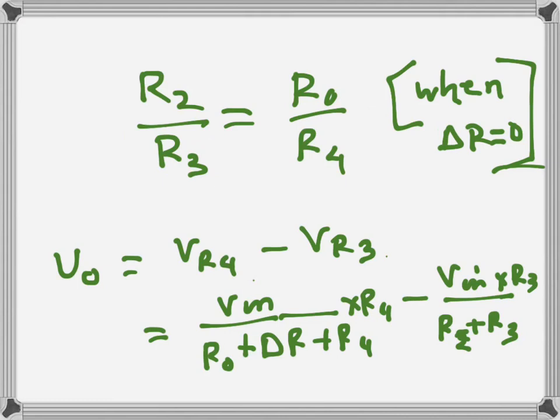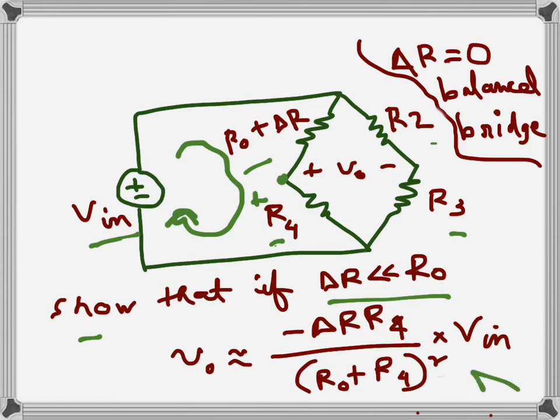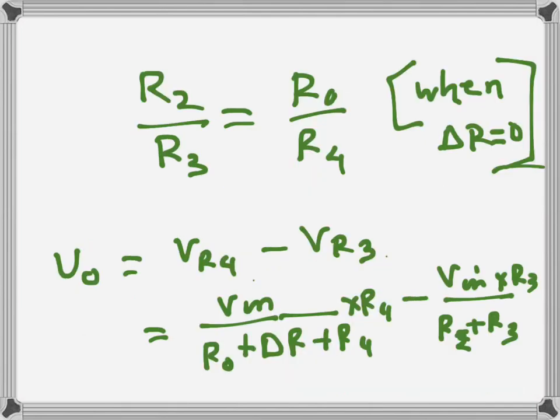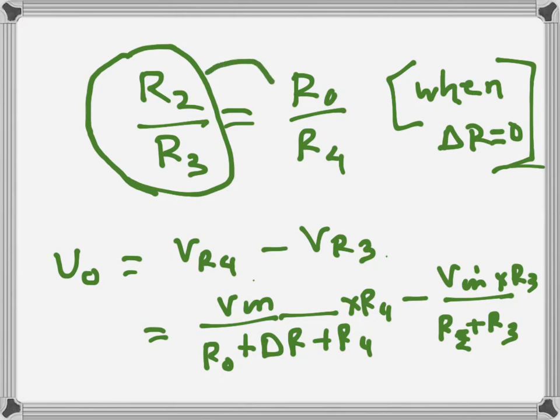So this is the expression we need to prove, and here we don't see any R2 or R3 term. So we should try to get R2 over R3, and then we can replace that with R0 over R4.